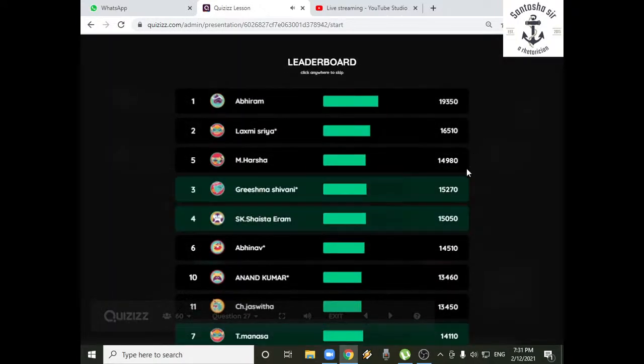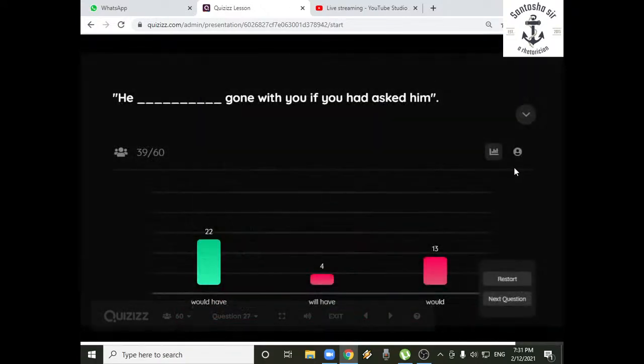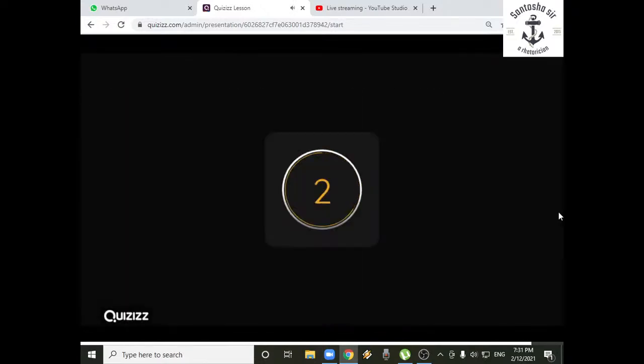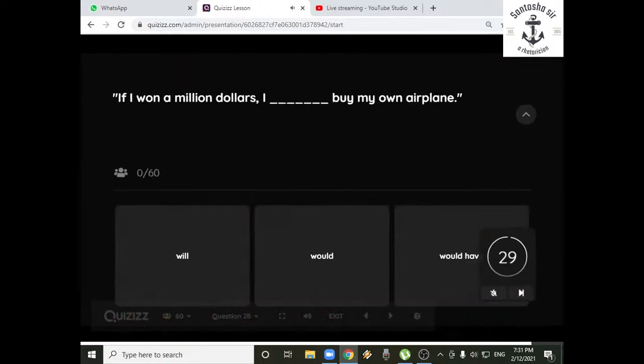So there ends the time. And 3rd, 4th, 7th, 8th, 9th positions were replaced. 22 members answered it correctly. Moving on to question number 28. So read the question and pick up the right conditional.